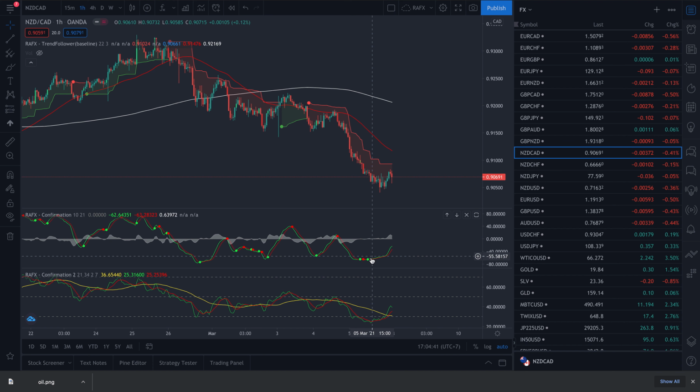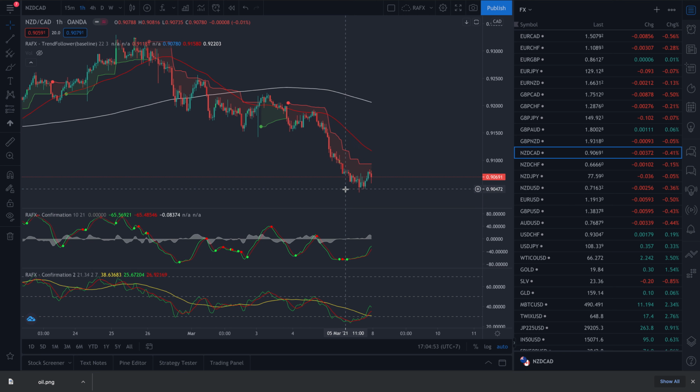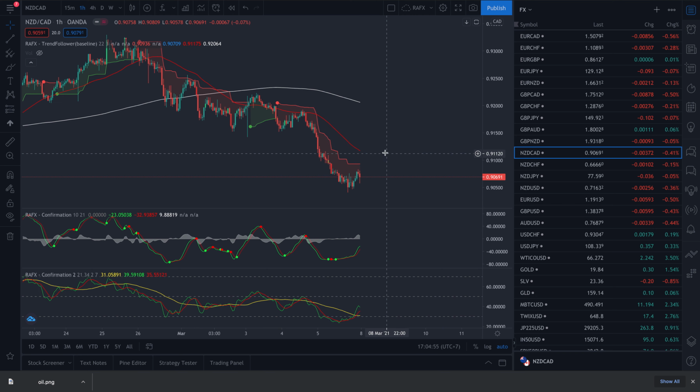This is a long or buy signal here, but since the other indicators don't agree, we have to wait for them to agree on a long entry trigger.